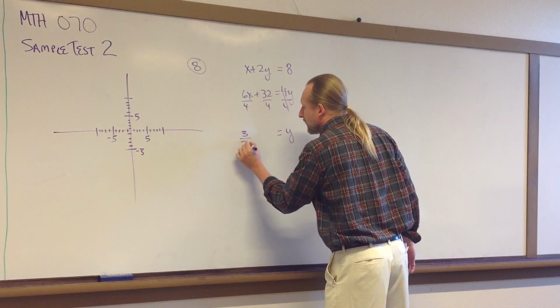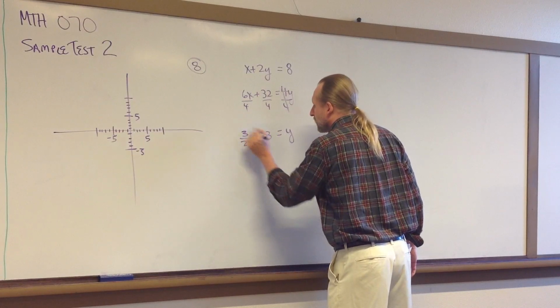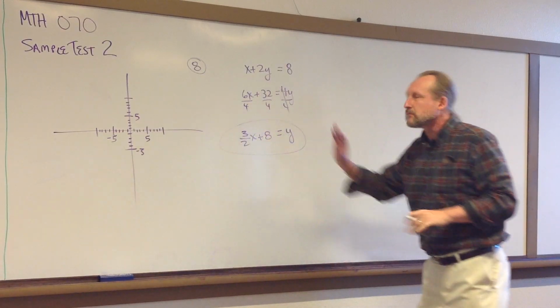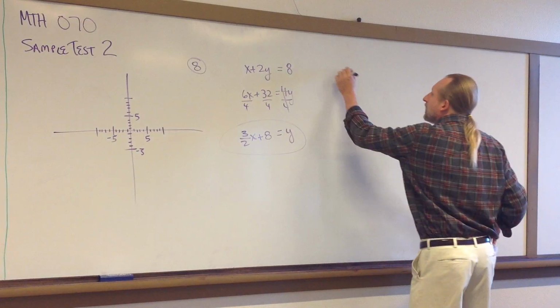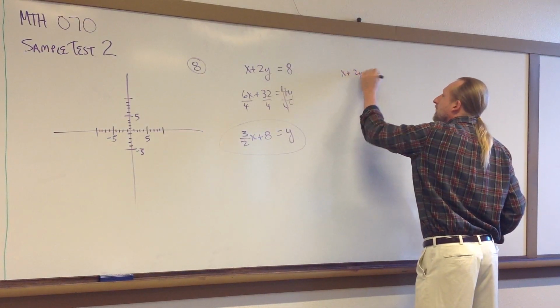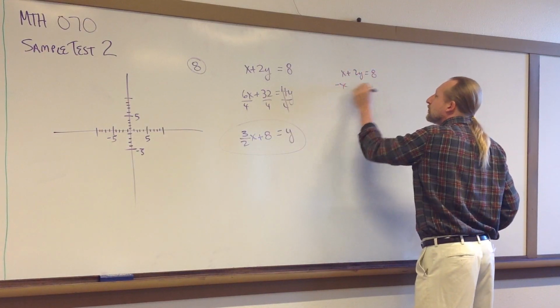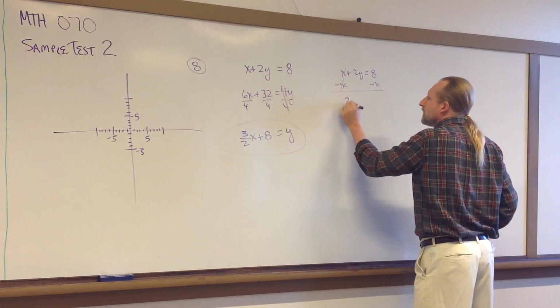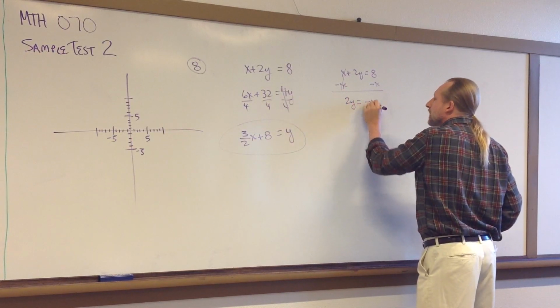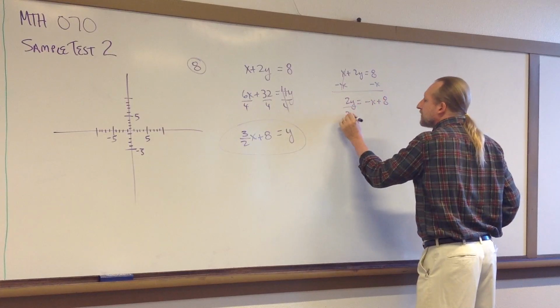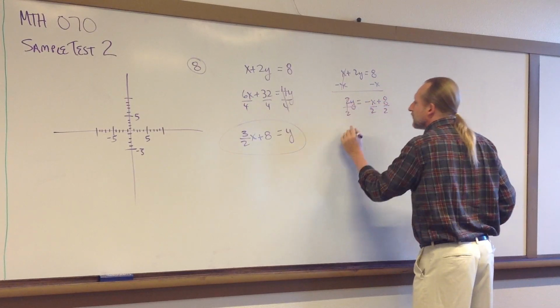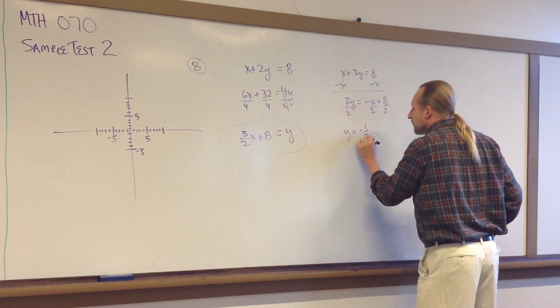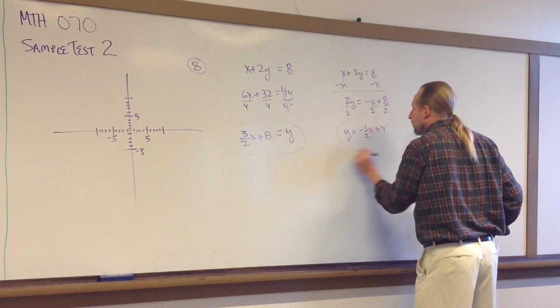Y is going to be 3 over 2x plus 8. Okay? Let's take the other one. X plus 2y equals 8. Move the x to the other side. Negative x plus 8. And then divide everything through by 2. So this one will be y equals negative a half x plus 4.